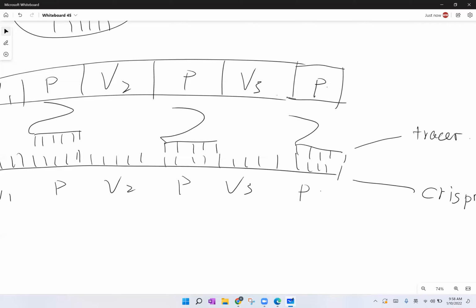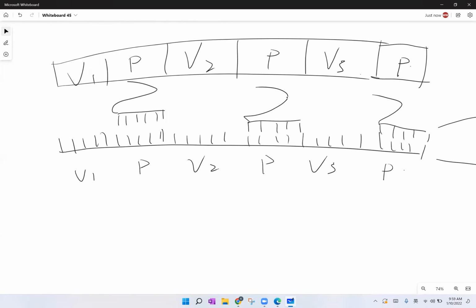So what's left now? We have already accurately targeted the virus sequences, right? By using palindromic RNAs and its tracer complementaries, right? What's next? I can make Cas9 complex now, right? But here's the problem. The three virus sequences are all connected together.